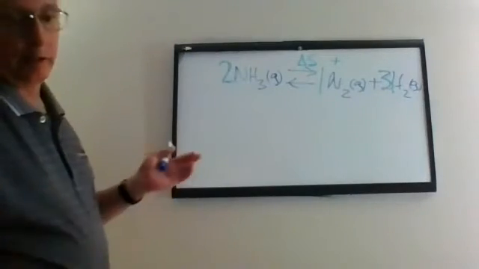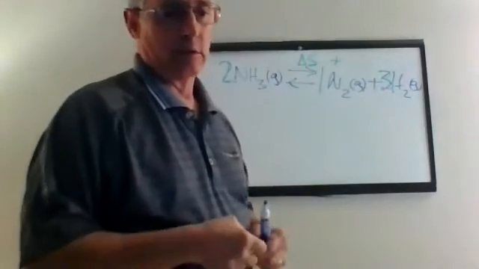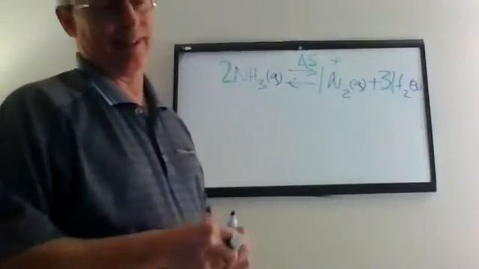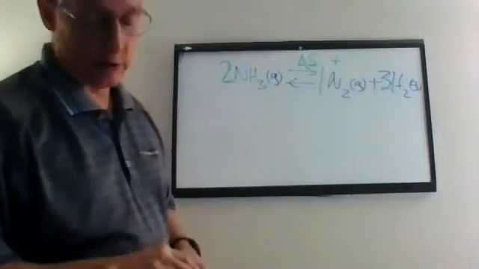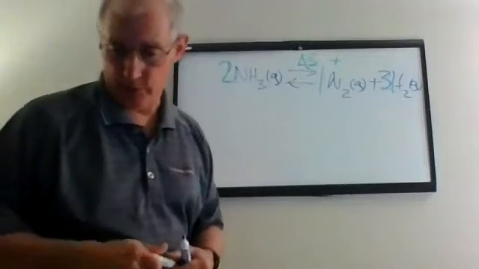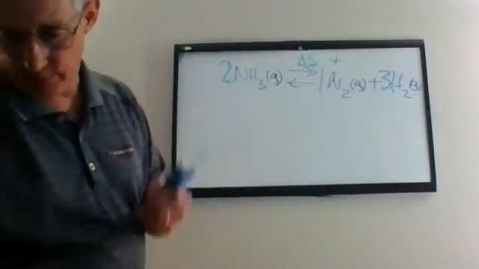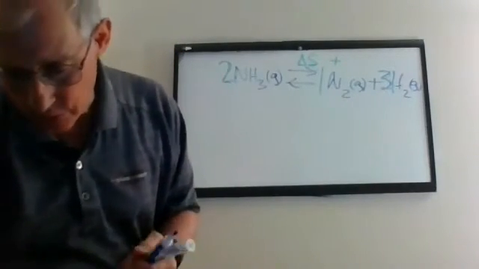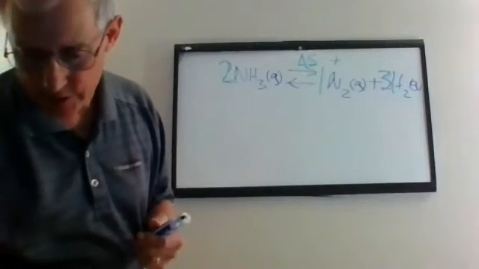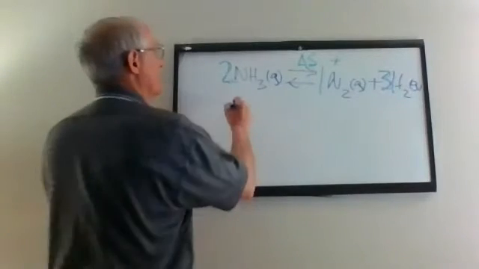Okay, don't forget when delta H is positive, it works against spontaneity. When delta S is positive, it works towards spontaneity. So the forward reaction is favored in this case. Let's go C2H4 becoming C6H12.